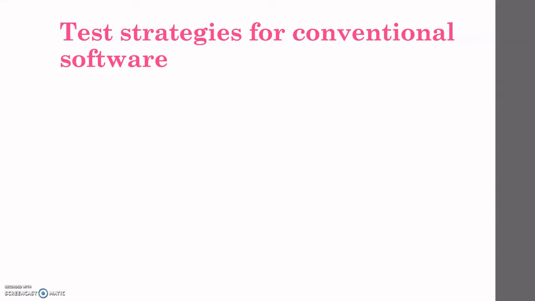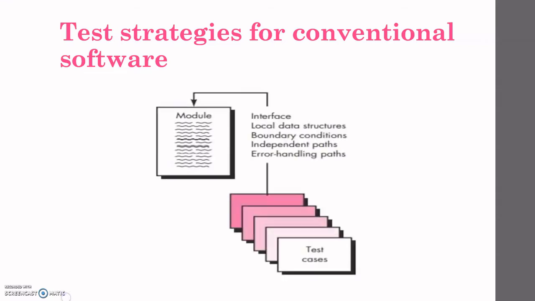And here all control structures in a module are executed at least once. That is, inside a control structure, we have a number of coding lines that are executed at least once in the test. Also, the boundary conditions are tested to ensure that the module operates properly at boundaries.